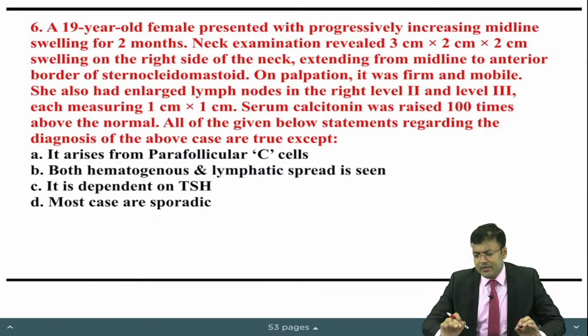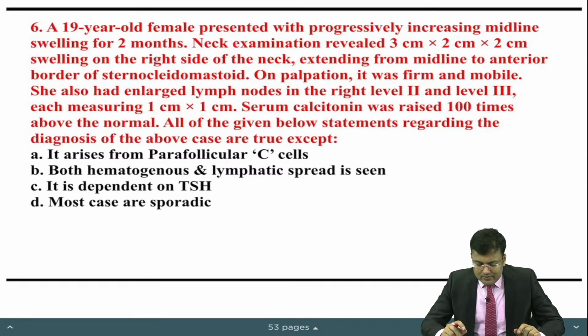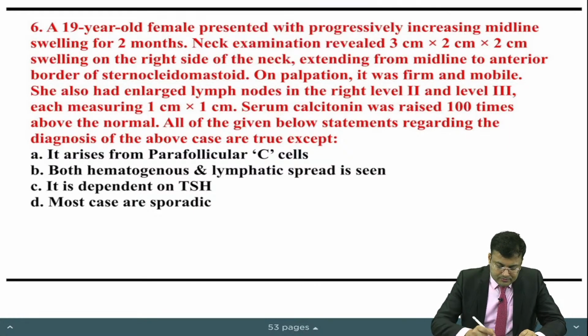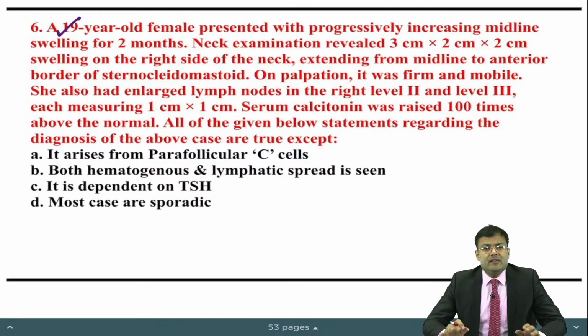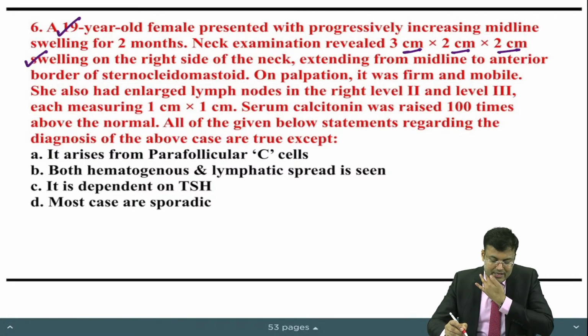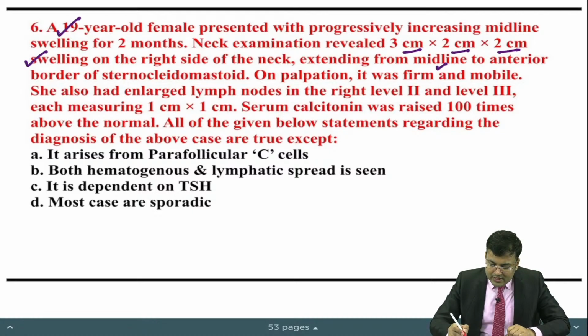Now, see question number 6 and tell me what's the correct answer. A 19 years old female, see the age, presented with progressively increasing midline swelling for 2 months. Neck examination revealed a 3 into 2 into 2 centimeter swelling on the right side of neck extending from midline to the anterior border of sternocleidomastoid.